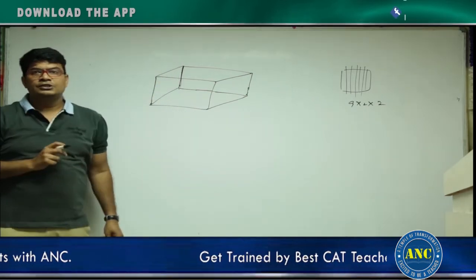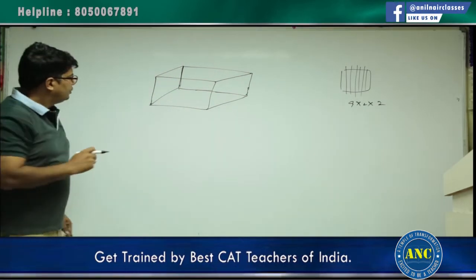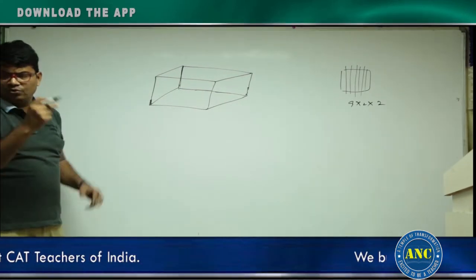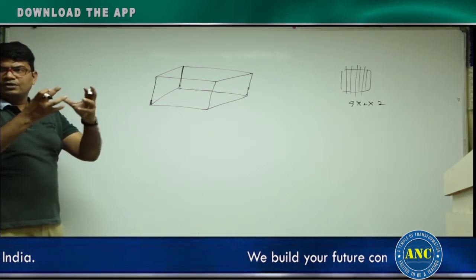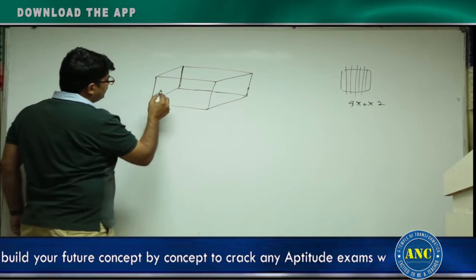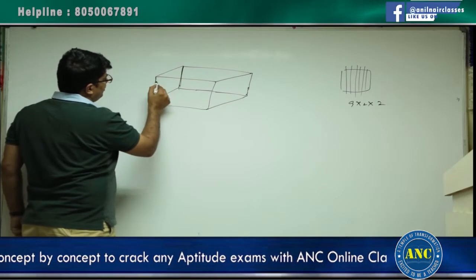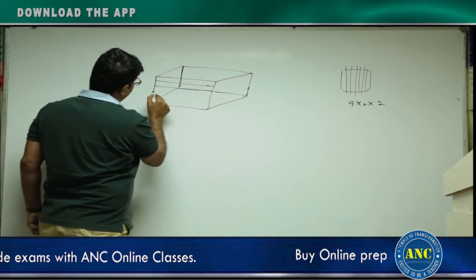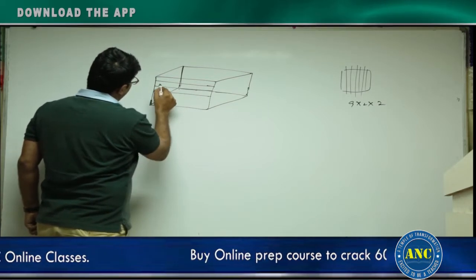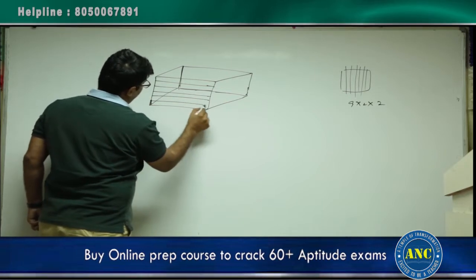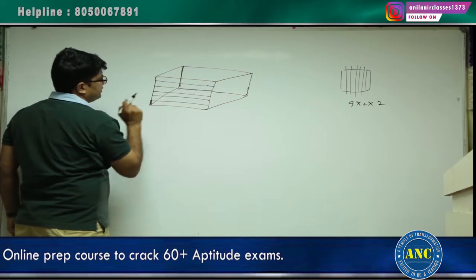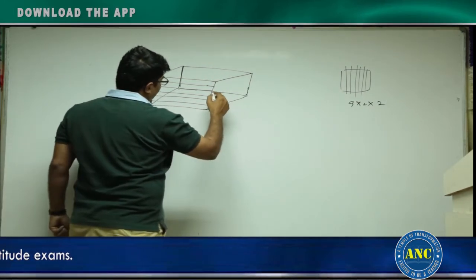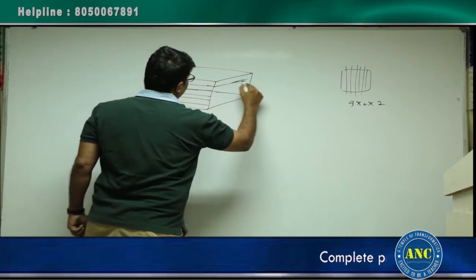Okay. So imagine you have small cubes here. You know the Rubik's cube? Yes. So just imagine like that. So for mathematical sake, let me divide this into 1, 2, 3, 1, 2, 3, 4, 5, 6.